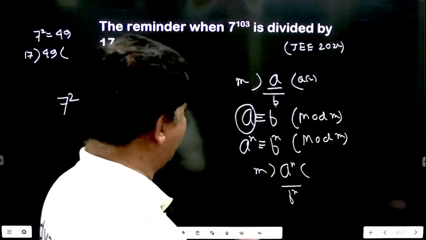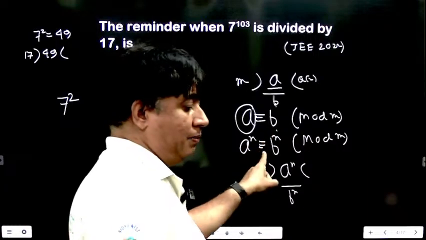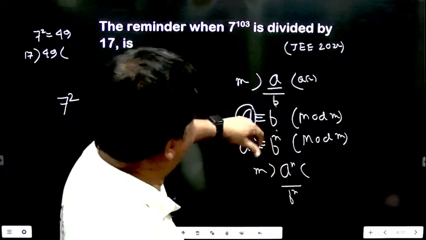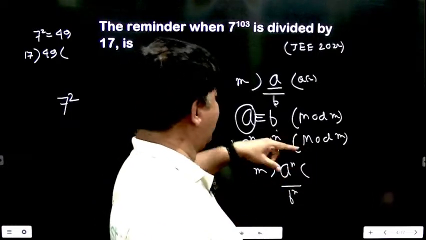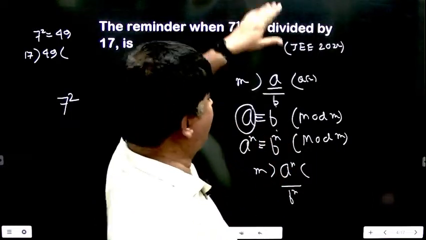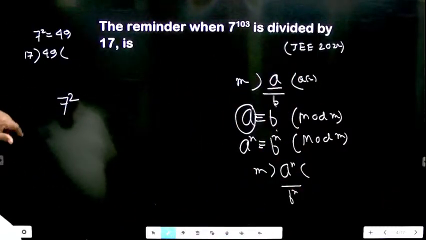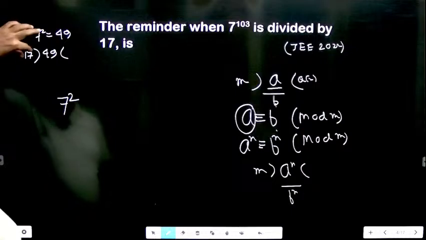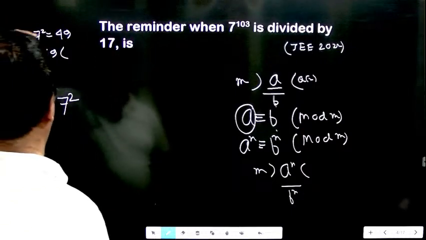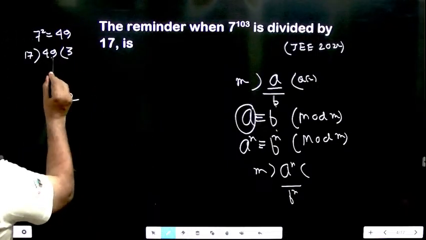Why? Because suppose the remainder is 1, if I take the power, the remainder will remain the same, or if the remainder is -1, then easily we can get the answer. But if the remainder is 5, then 5 to the power 23 will be a big calculation. But here we can hardly make the difference between divisor and dividend either 1 or -1. So you take the nearest value.